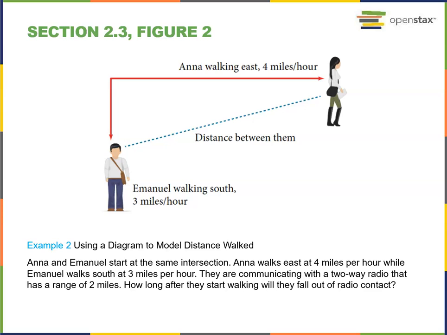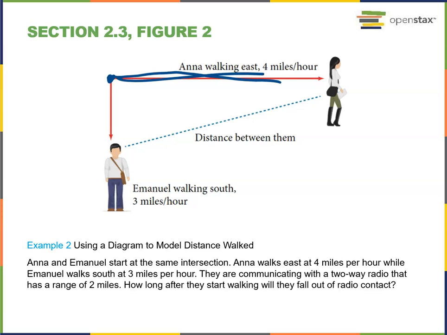Next, example number 2. Using a diagram model to model a problem. Anna and Emmanuel start at the same intersection. They started here. Anna walks east at 4 miles per hour.